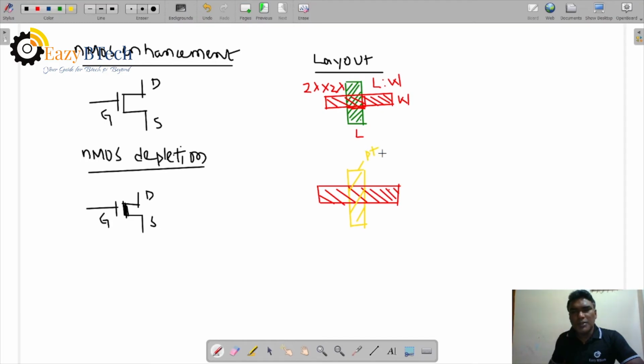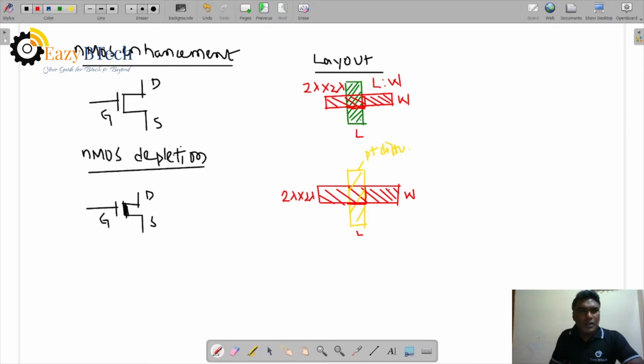So this is P plus diffusion for the source and drain of the PMOS transistor. Let us see the dimension here. This is also 2 lambda into 2 lambda, length and width 2 lambda. This is the width of polysilicon and the length of the channel, 2 lambda into 2 lambda.